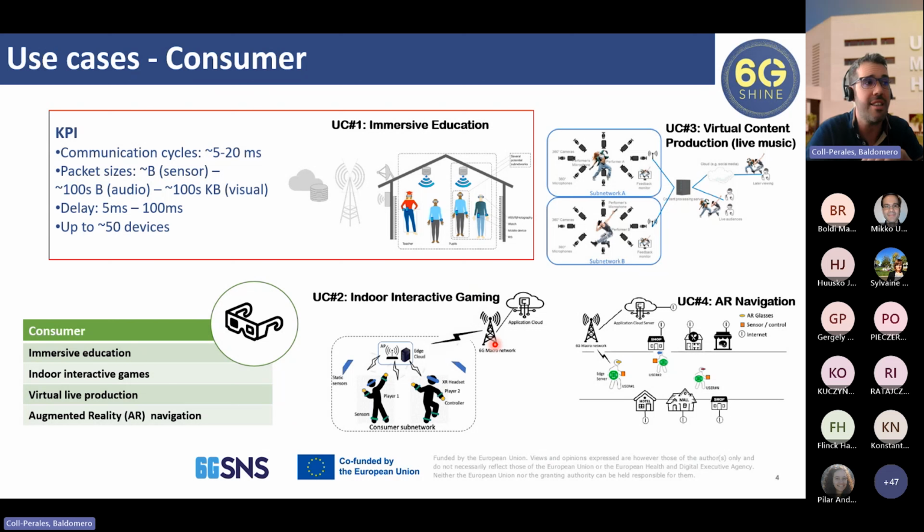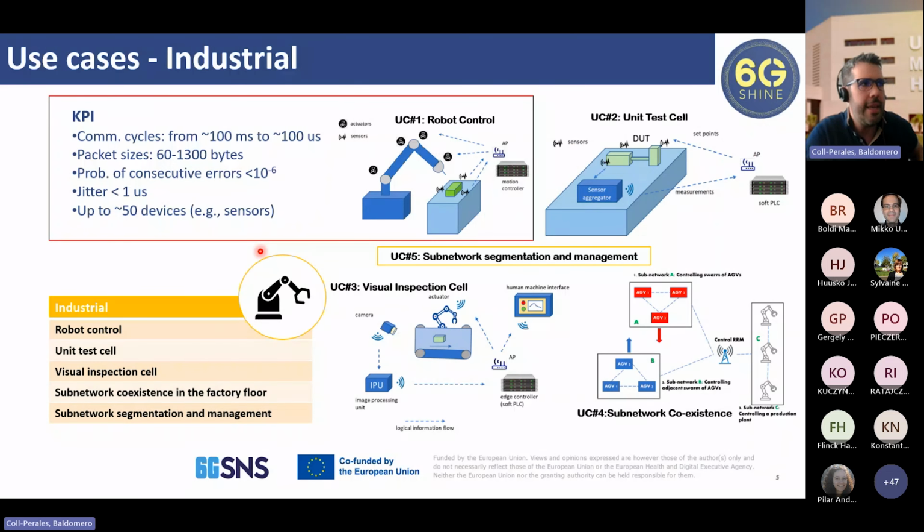As an example of the requested KPIs in this category, you can see the communication cycles, packet sizes, delay, and scalability requirements for the immersive education use case. In the industrial subnetwork category, we have also identified 4 use cases and 1 transversal use case.